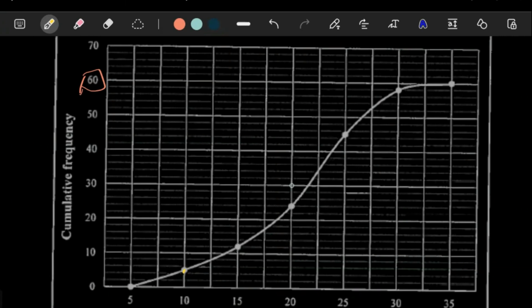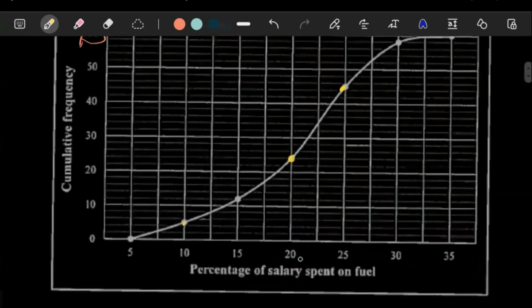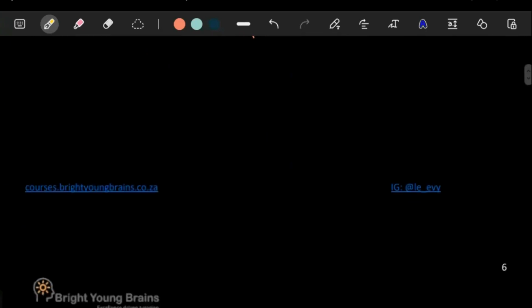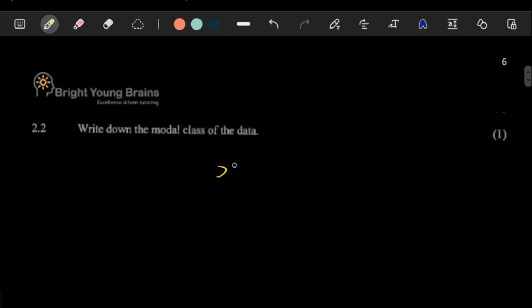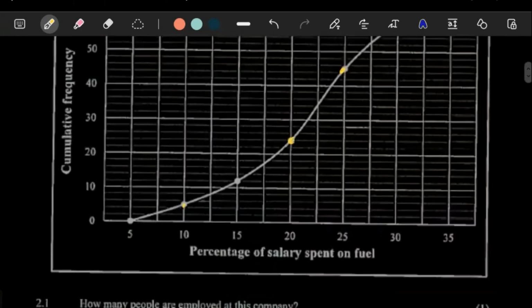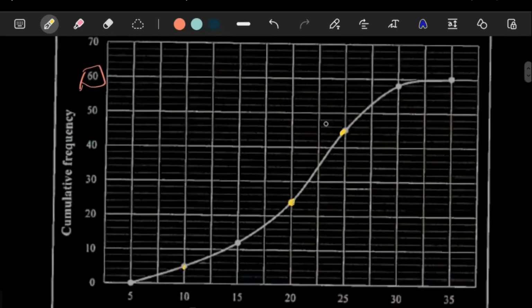It looks like the biggest jump is from here up until this dot here, and that's between 20 and 25. So the modal class is between 20 and 25. You're going to say here, x is bigger than 20, but smaller or equal to 25. That's going to be your modal class, because that's the portion with the biggest jump, you see.